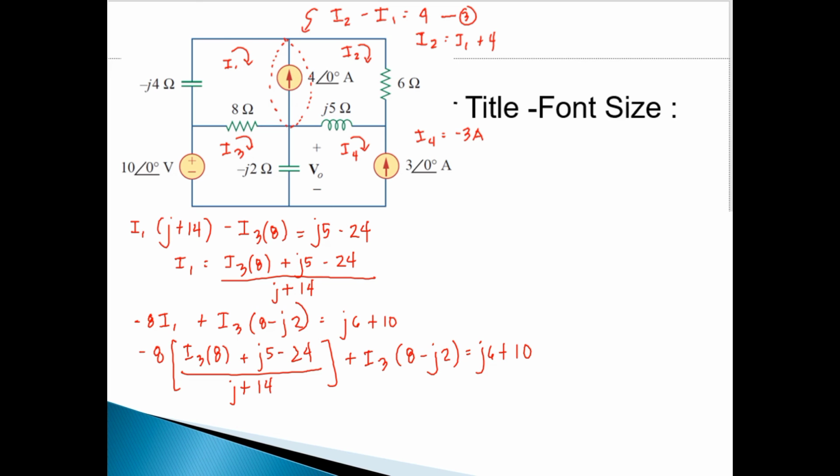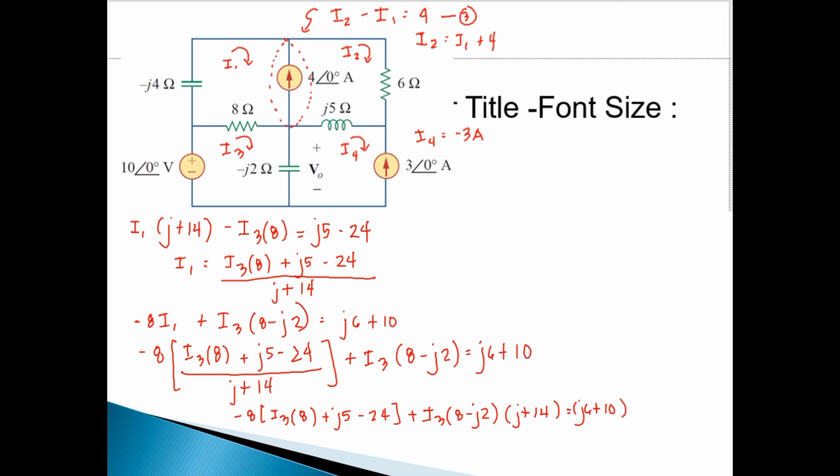So let's simplify this first. Let us multiply both sides by j plus 14 so I can cancel this one. So I will be having negative 8 times I3 times 8 plus j5 minus 24, plus I3 times 8 minus j2 times j plus 14, equal to j6 plus 10 times j plus 14.